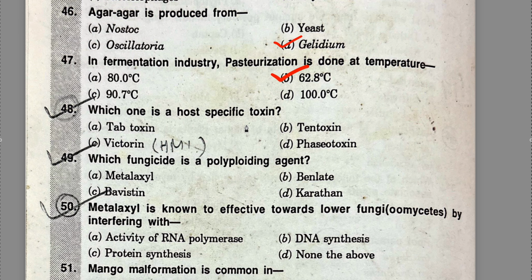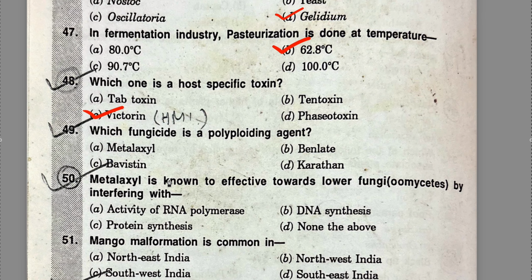The answer is option C, victorin. Question 49. Which fungicide is a polyploiding agent? Is it metalaxyl, benlate, bavistin, or carathane? The correct answer is carathane.